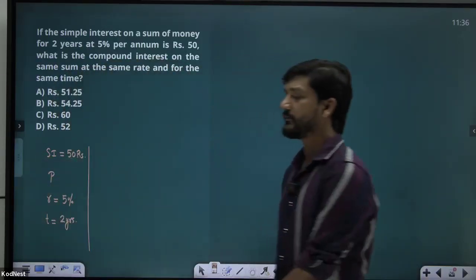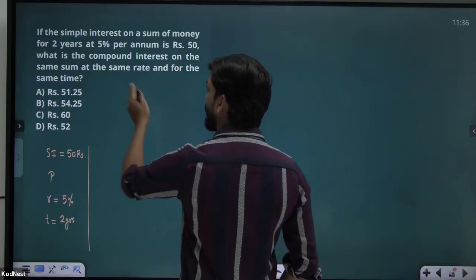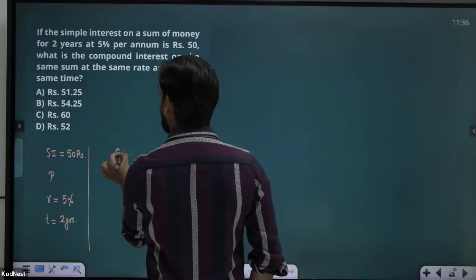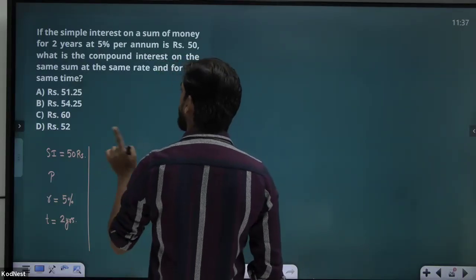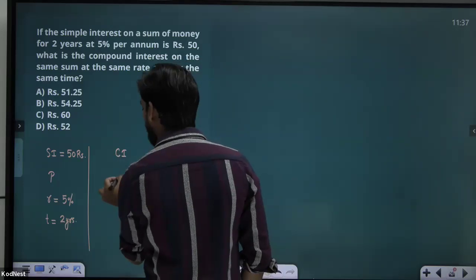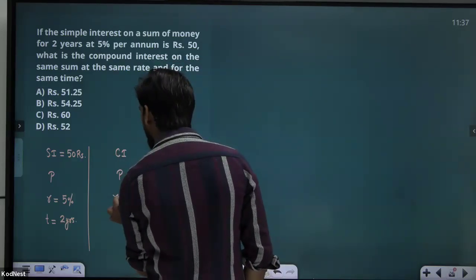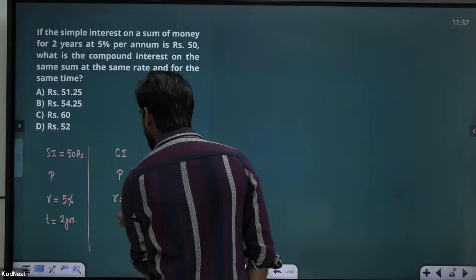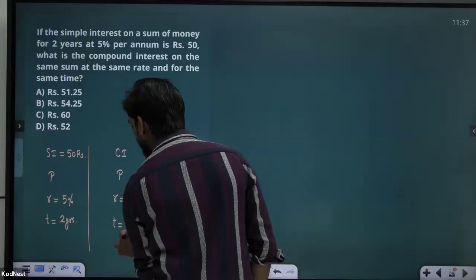Time is 2 years. Now, what they are asking is, what is the compound interest on the same sum at the same rate for the same time? Same sum means same principal, same rate means 5%, and same time is 2 years.